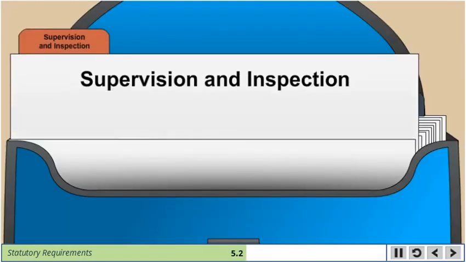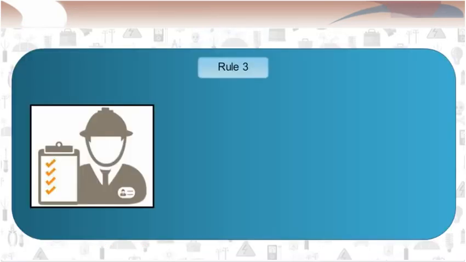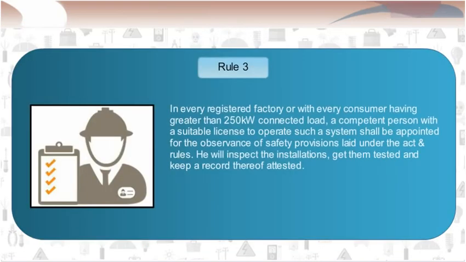Rule 3 and 5 talk about supervision and inspection. Rule 3 states that in every registered factory or with every consumer with more than 250 kilowatts connected load, a competent person with a suitable license to operate such a system shall be appointed for the observance of safety provisions laid under the Act and rules.